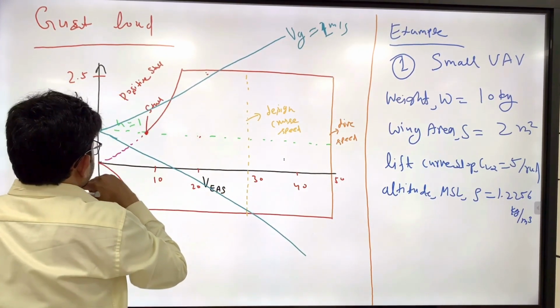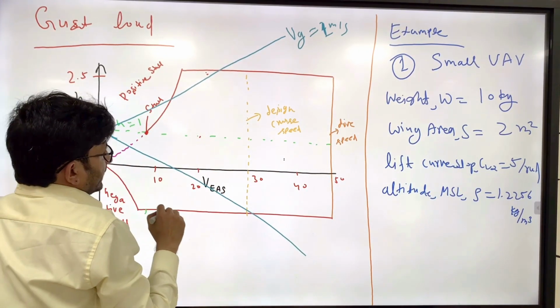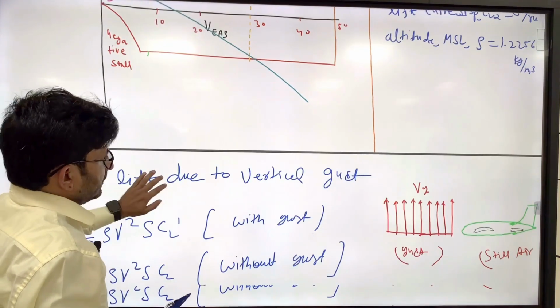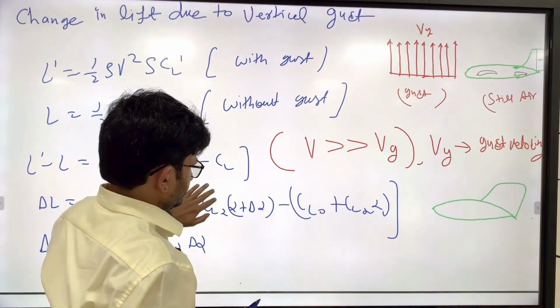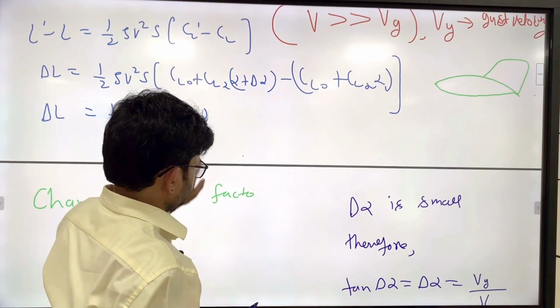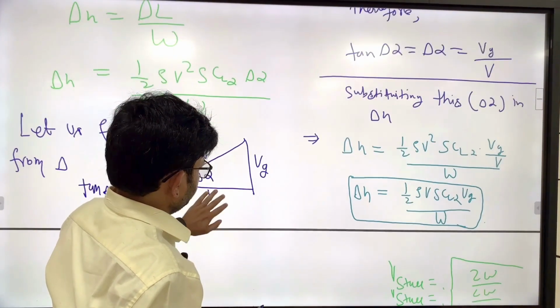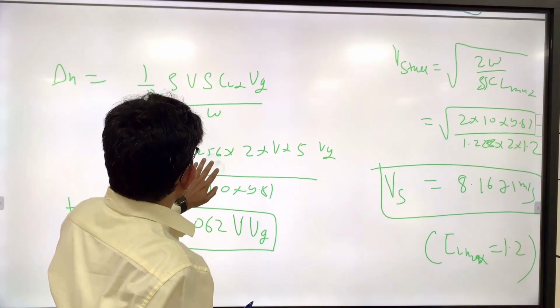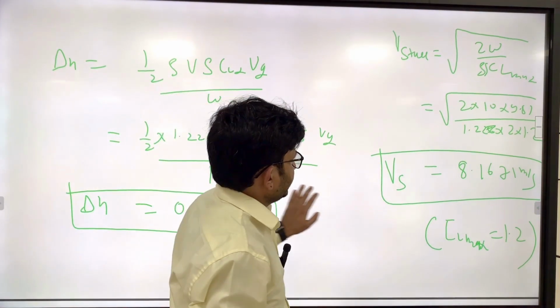So what we are getting at load factor, see, the stall speed is 8.16, right?